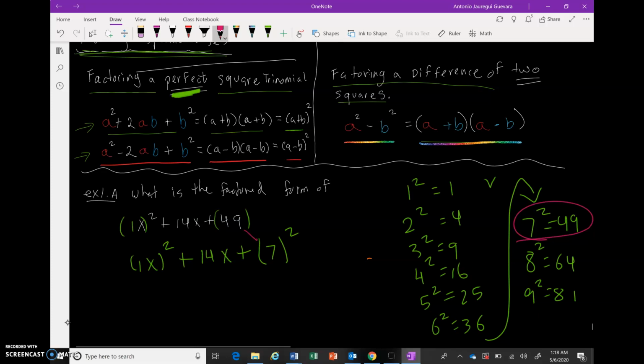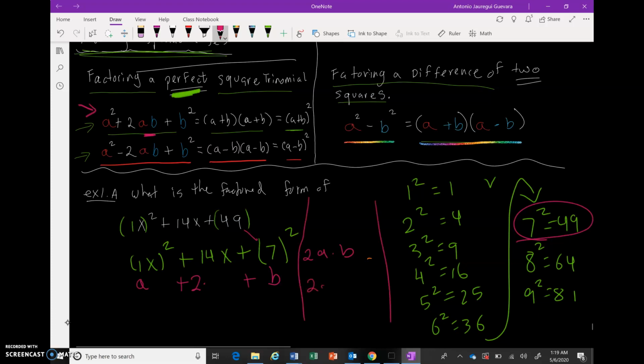The next thing I want you to see is that this is your a, plus, looking at this example right here, this is your b. And if you put a 2 here, you should have 2 times a times b. That's where the middle term comes from. So what's 2 times a, I'm going to do this on the side here.